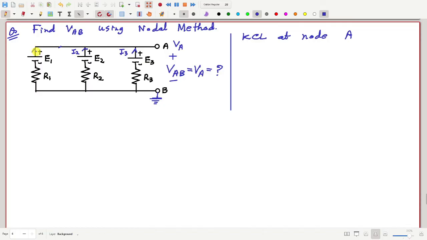Let me write I1 here. So we should have I1 plus I2 plus I3. This is the total amount of current entering node A, so that should also be equal to 0. Now how much is I1?